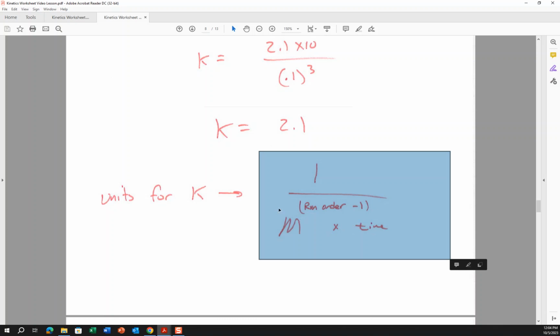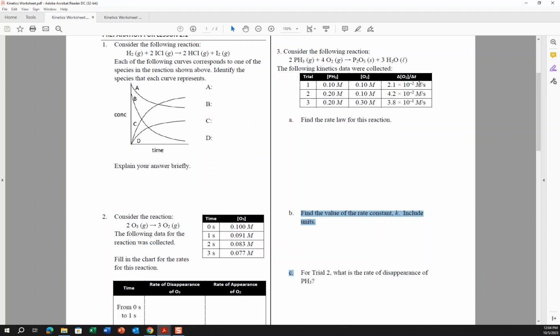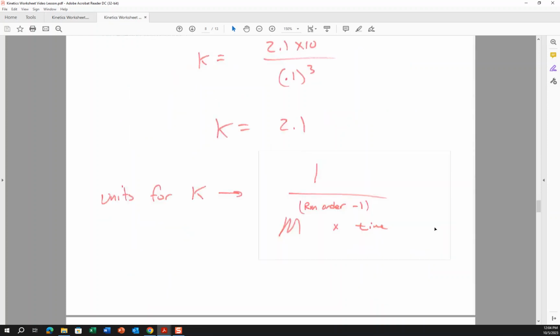Now the unit of time for this question was seconds. If you go back to the data, the rate was molarity per second. So the unit of time I'm using for the rest of this is going to be seconds. But sometimes I've seen it molarity per minute. So if you see minutes here, then that would be the unit of time that you would use.